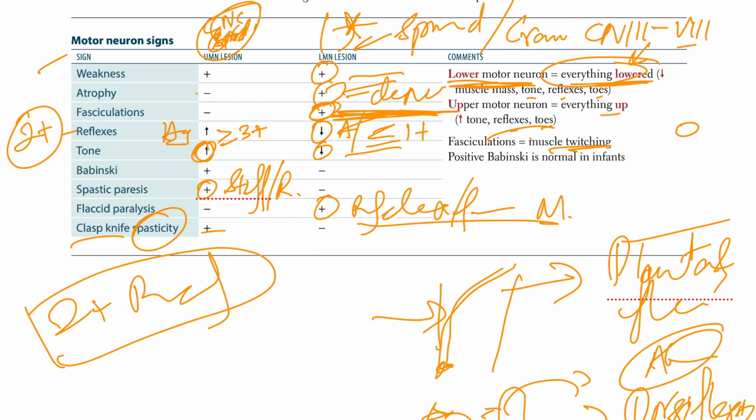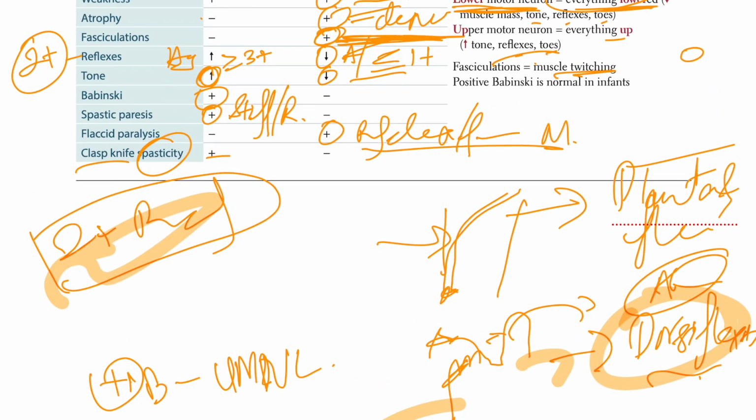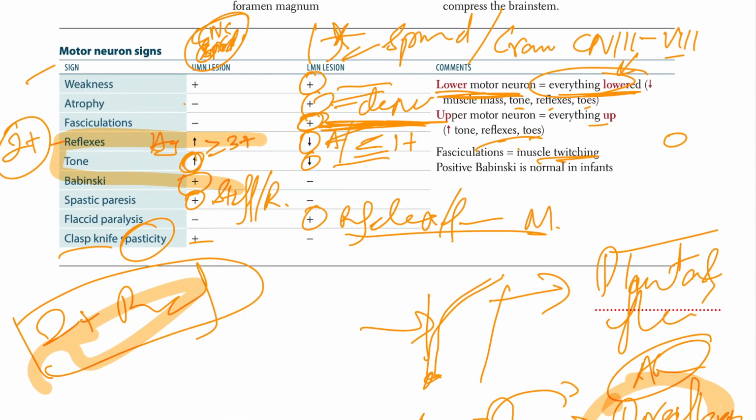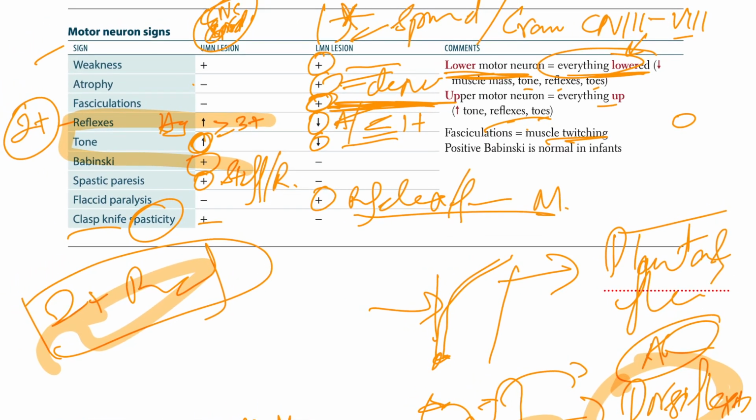That's called clasp-knife spasticity, with Babinski being positive and upward. So if you think about it, upward going toes, which is dorsiflexion, fanning out, right? Upward going toes, and hyperreflexia. Simple things seen with the upper motor neuron lesion. And that is going to be all for this one, the motor neuron signs.